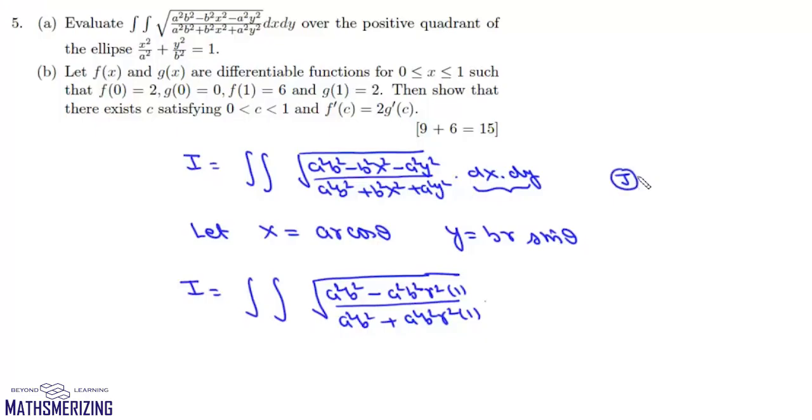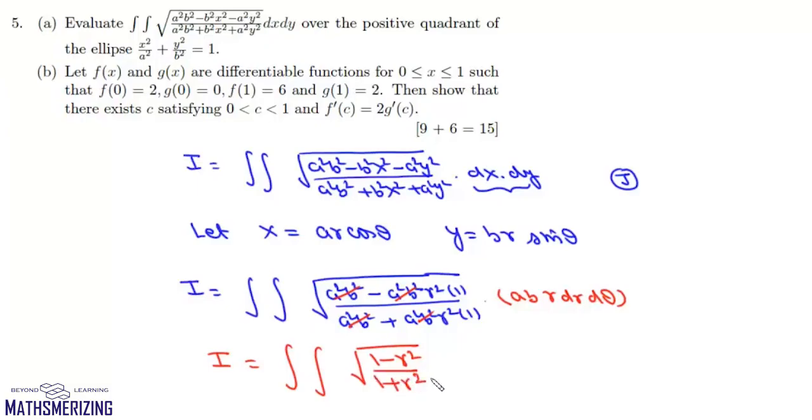We have already studied the Jacobian in multivariable calculus. I'll provide the link to that video in the description below. So we can write this dx dy as ab r dr d theta. Now here ab squared will cancel. So we'll get this integral as the square root of (1 minus r^2) upon (1 plus r^2).